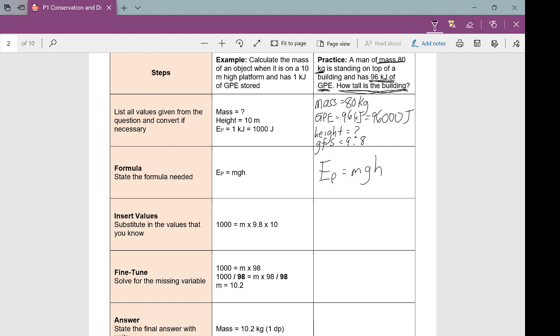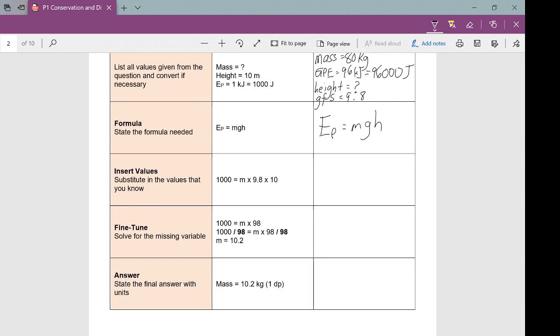Obviously, during this practice, you guys know this is the formula we use, but in an exam scenario where you have multiple formulas, you might not know that's the specific one. So always make a list to start off with, so then you can identify what values you need, so then you know what formulas you have to use.